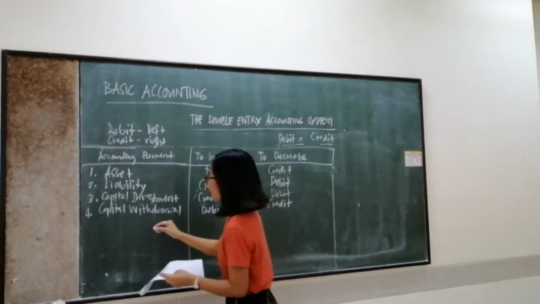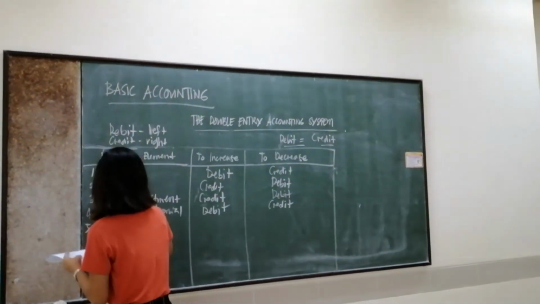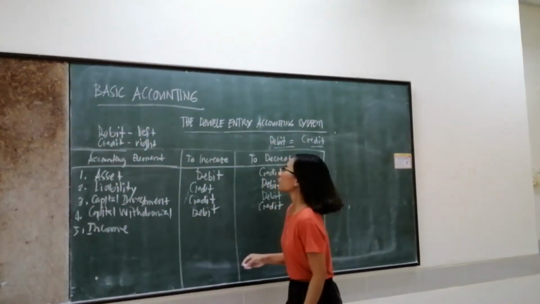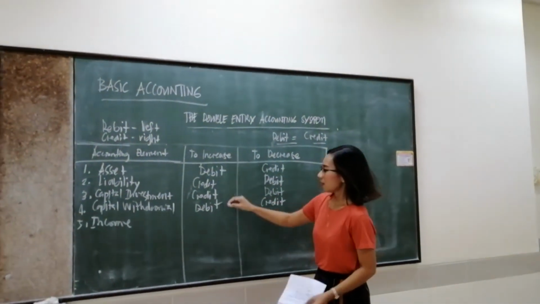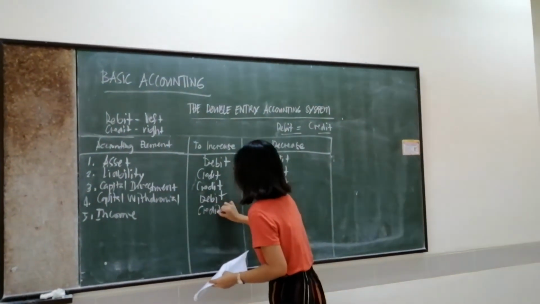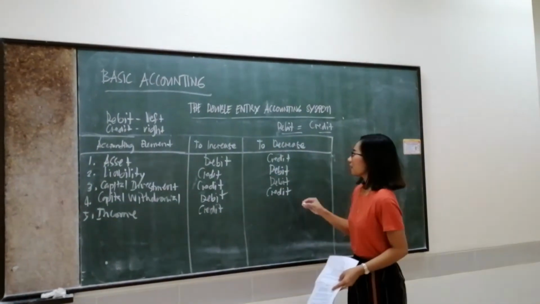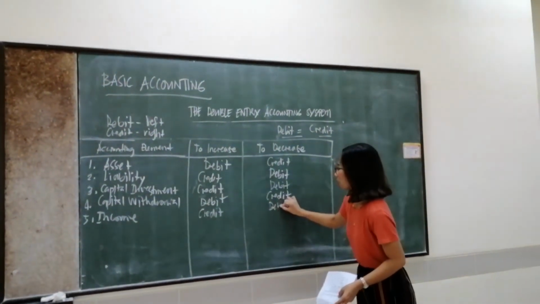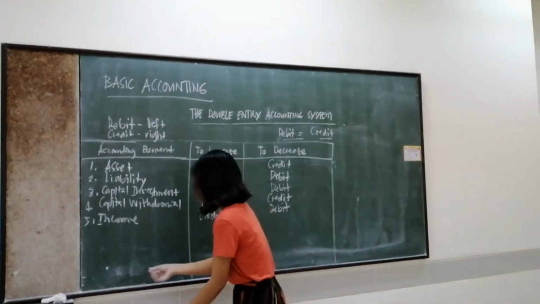Very good. Number 5, income. How do you recognize income? It's credit. And to decrease the income, you have to debit.